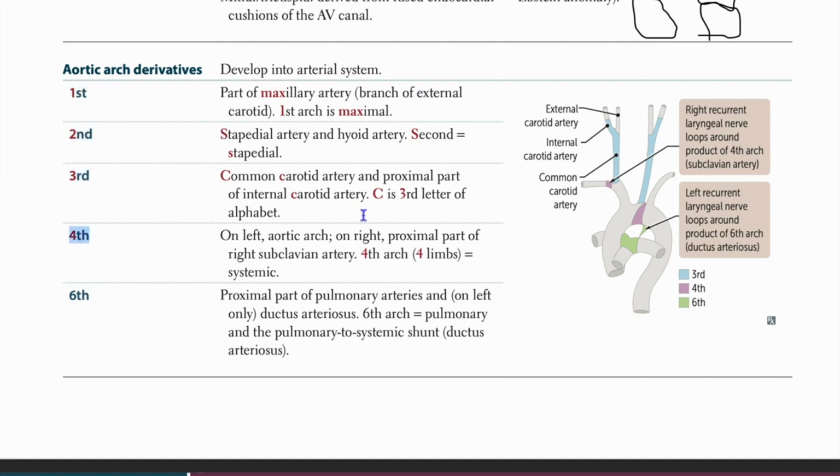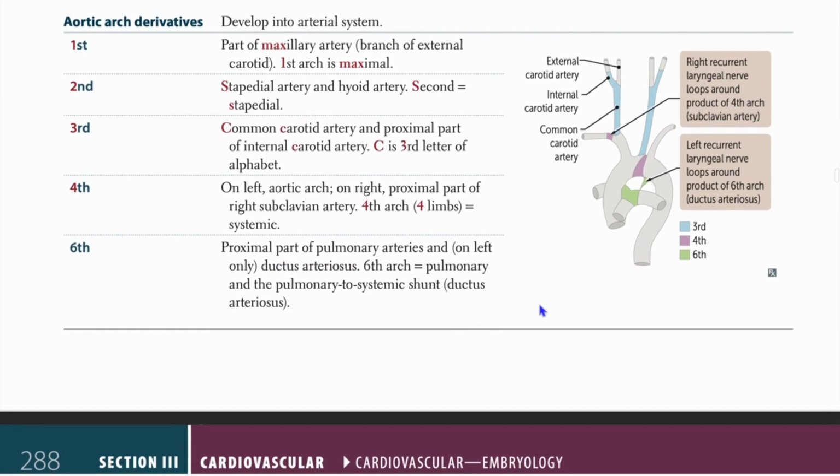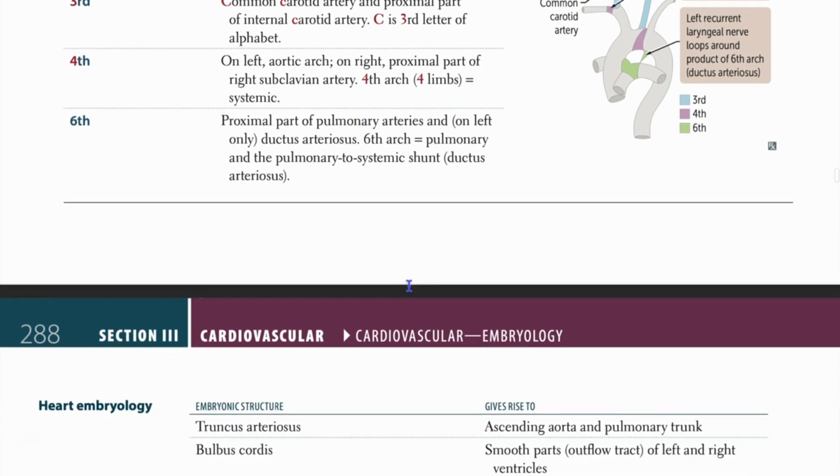Fourth, on the left, it makes the aortic arch, and on the right, it makes the right subclavian artery. And the sixth makes the ductus arteriosus. Only on the left. Okay. Nothing on the right.